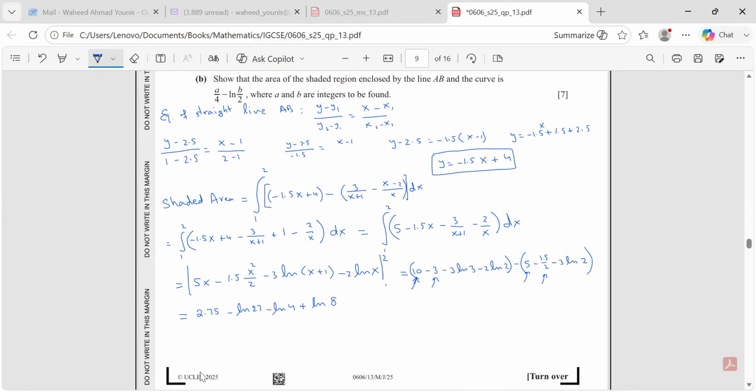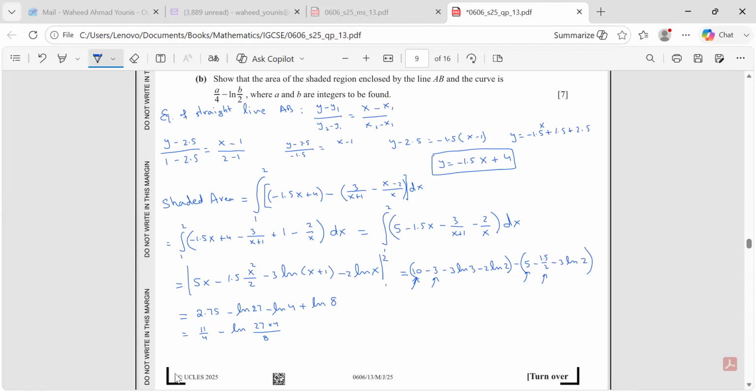See, this 2.75 in fractional form is 11 by 4. And then everything else can be written as negative log of 27 into 4, and this is positive, so it is not going to the denominator over here.